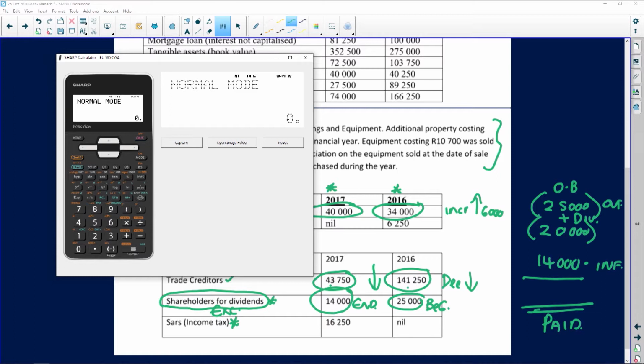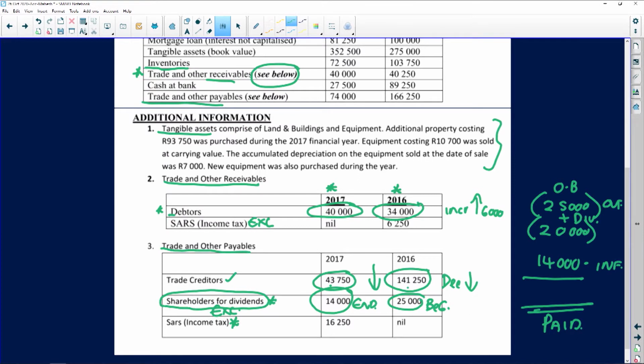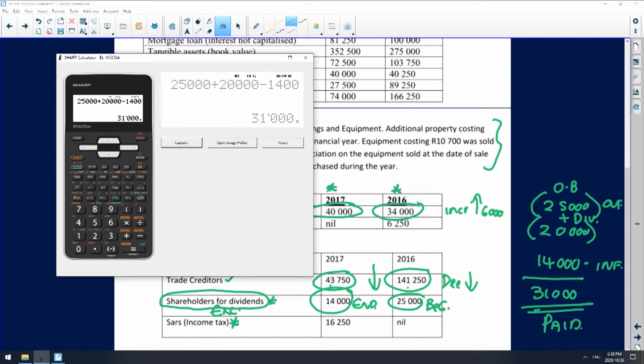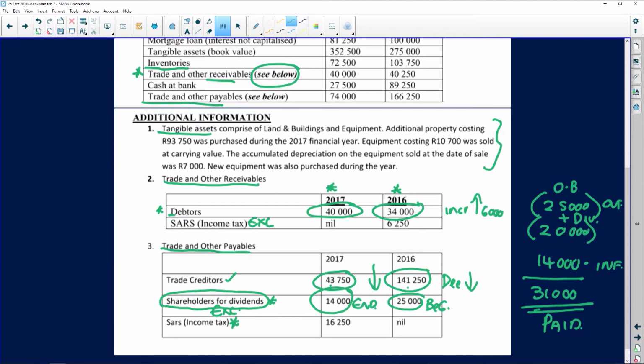Okay, so let's do our calculation. I've got 25,000, which I'm going to keep as positive, plus 20,000, minus the 14,000, and the dividends that we ended up paying is an amount of 31,000. Or you could begin with the negative. Let me just write it down. So you can begin with negative 25,000, then negative 20,000, and obviously a positive 14,000.